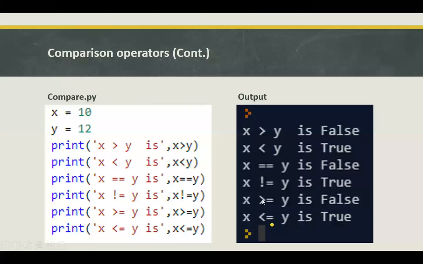Then x is greater than or equal to y, that is false. x is less than or equal to y, that is true. So simple. If you are comparing two values, you will get either true or false.